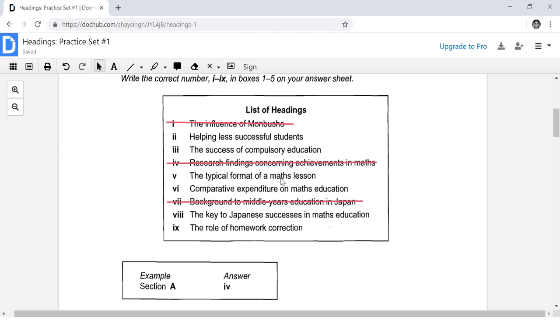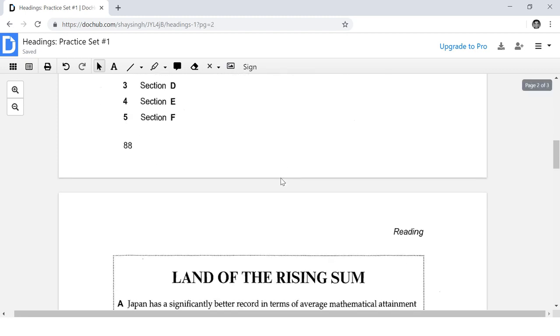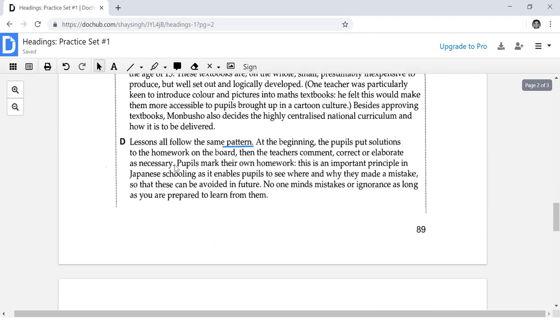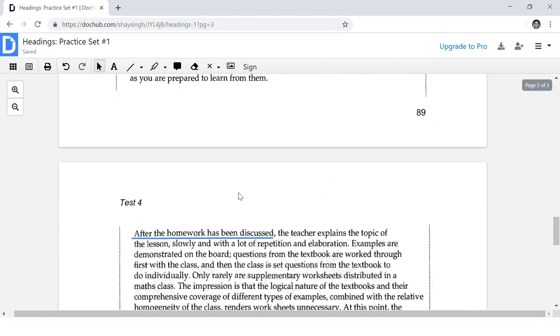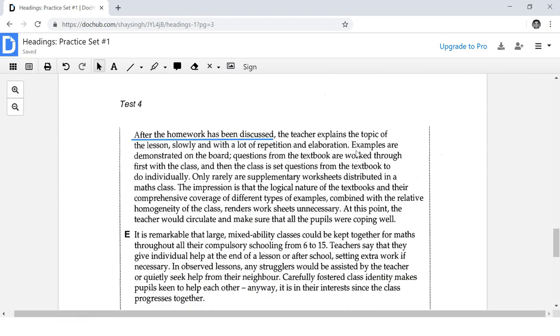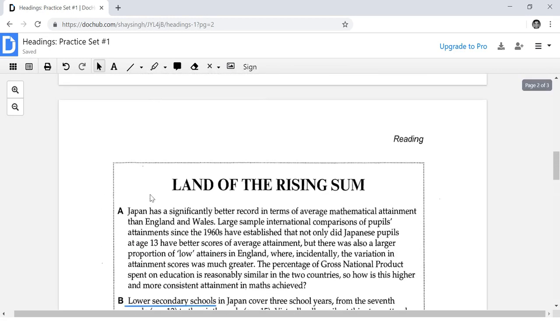And if I was to actually start scanning my paragraph, for example, if I start scanning my paragraph over here, I'm pretty sure I'm going to find the word math in there somewhere. Let's see if we can find the word math in here somewhere. We should be able to find it. There we go. It's talking about math over here. Okay, so I don't have to find the word math in order to know that this is the right answer.